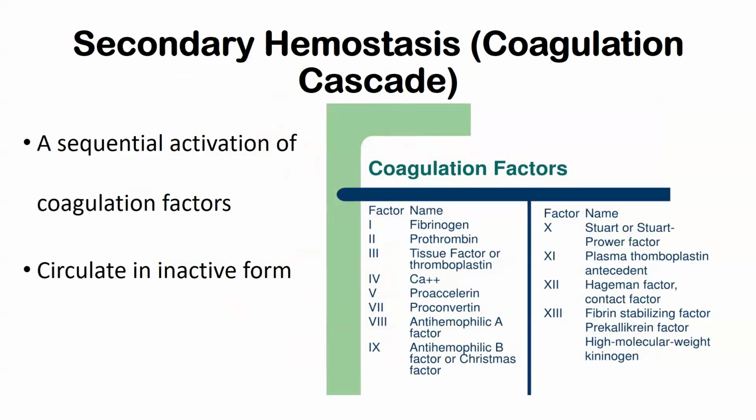They are 13 in number, given Roman numerals, and they also have their names, from fibrinogen to prekallikrein, and factor 13, fibrin stabilizing factor. All these are usually inactive in our body, so they have to wait for an activator so that they become active and proceed to form a clot. It's a domino effect where one activates the other until we get a clot at the end.